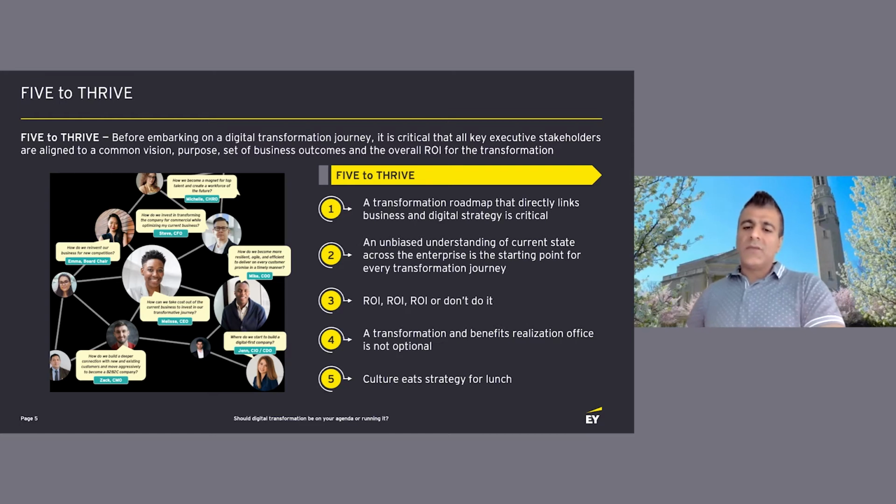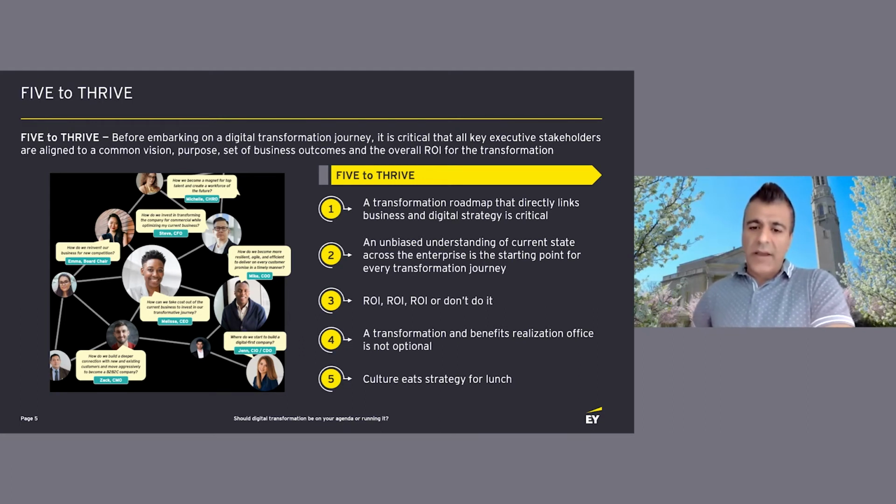The third area is ROI. Without a business case, no matter how cool applying AI, machine learning, or any of the emerging technologies is, you should not proceed. And we'll talk a little bit about how you drive an ROI-enabled transformation. Fourth, a transformation and benefits realization office that spans beyond a traditional PMO approach is not optional.